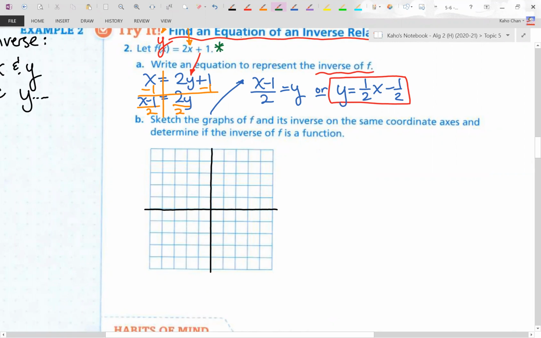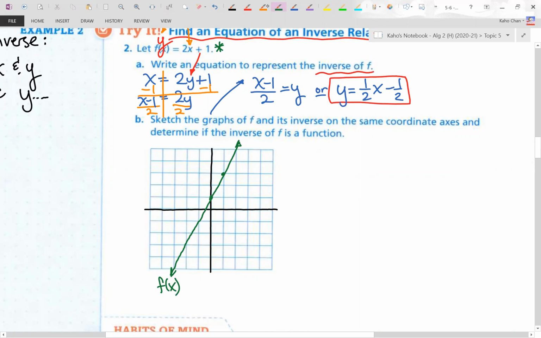It has a y-intercept of 1, has a slope of 2, fine. Connect the dots. That's the original 2x plus 1. I'll call it f of x.